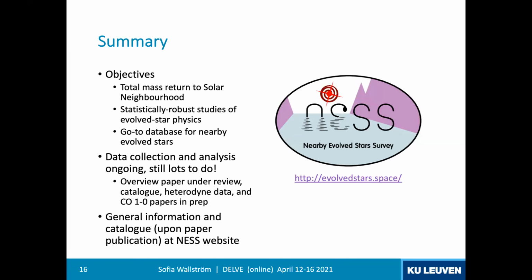Thanks very much, Sofia. Nice talk and very interesting work. Could you just comment on the variability characteristics of the stars that you've selected? Are they predominantly Miras, semi-regulars, or what? We have the full range of variability, I assume.